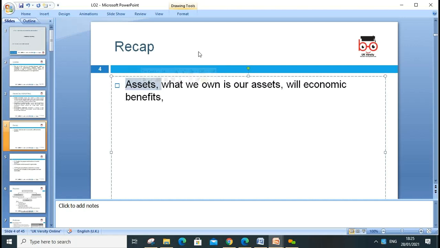If it's scrap and we can't use it, even if it cost us, we own it but it gives no business benefit. So we call it an asset only if it gives benefit. If you have knowledge, skill, or expertise, that's your asset.